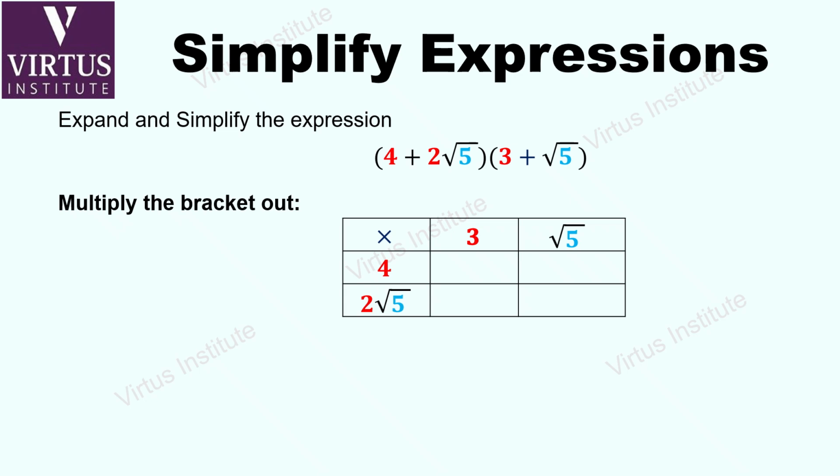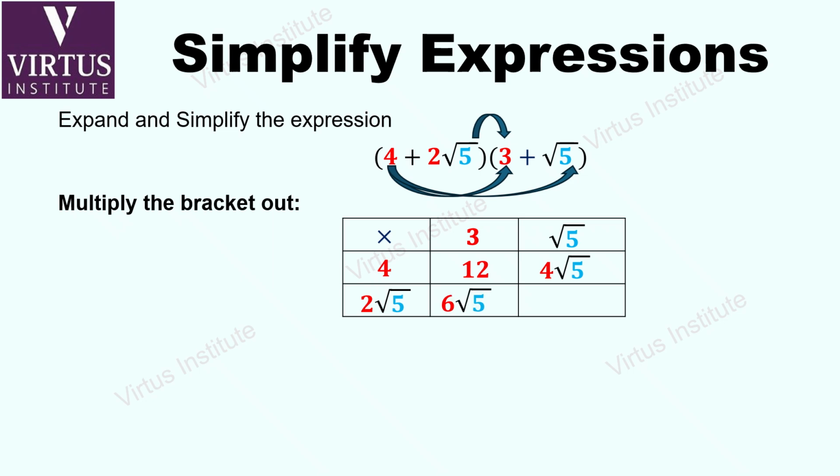First, multiply 4 by 3 to get 12. Next, multiply 4 by square root 5 to get 4 square root 5. Then multiply 2 square root 5 by 3 to get 6 square root 5.